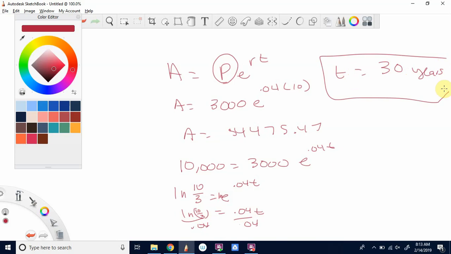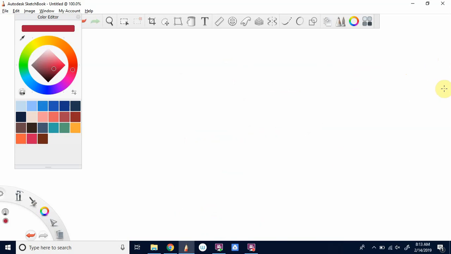All right, let's look at C. It says if her grandparents want Angelina to have $10,000 after 18 years, so the amount is 10,000. After 18 years, so e to the 0.04, 18 is going to go here. They want to know how much should they invest now. So what should the principal amount be? So again, this is a number.